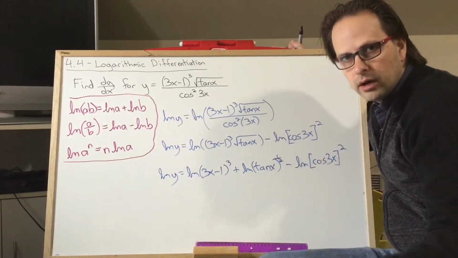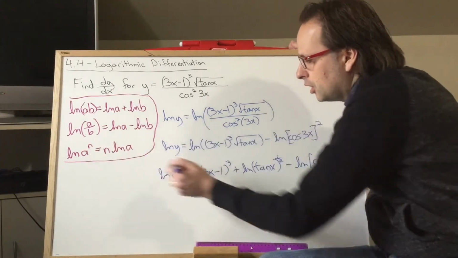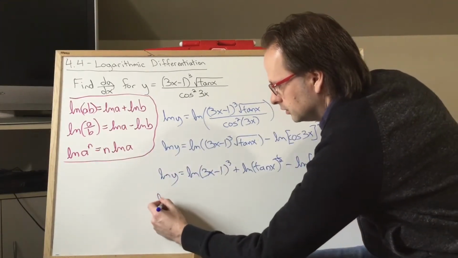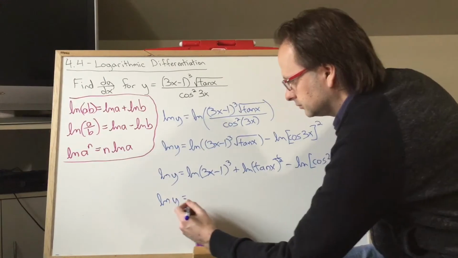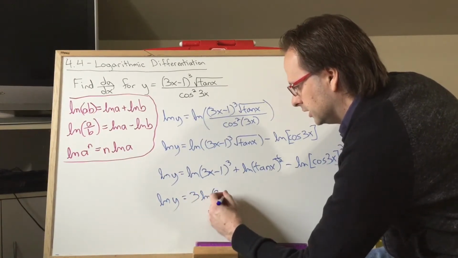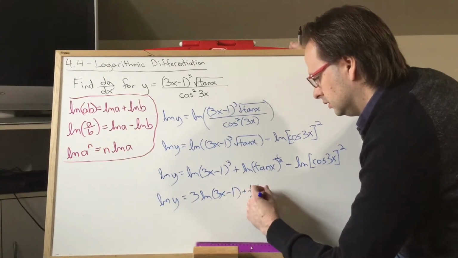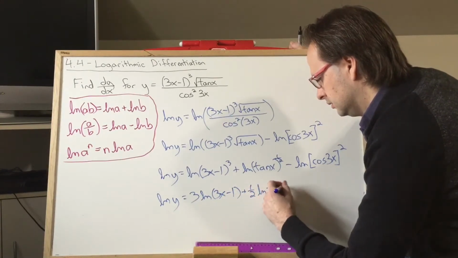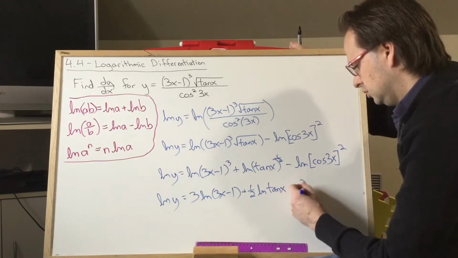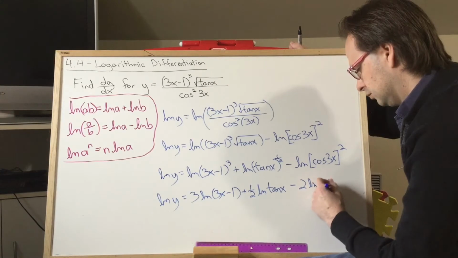I've done no calculus stuff yet. I can use some more log laws. I can pop all those powers down front. So I get ln y equals 3 ln of (3x minus 1) plus a half ln of tan x minus 2 ln of cos 3x.